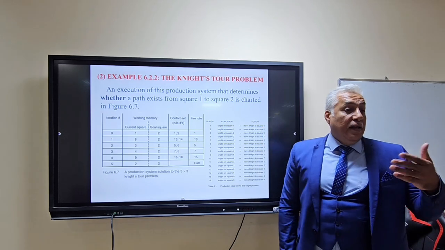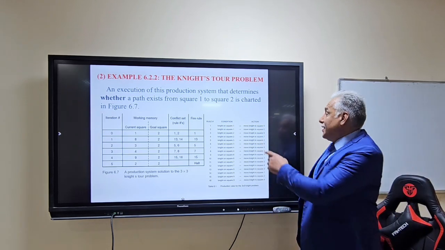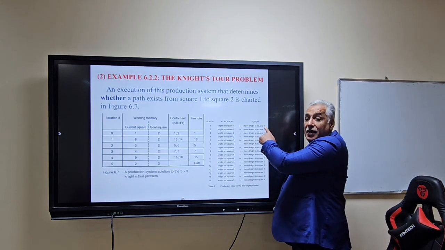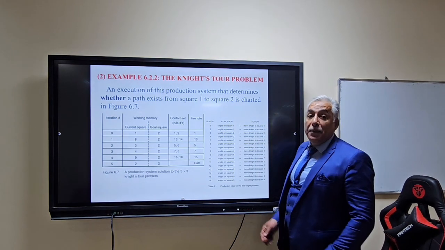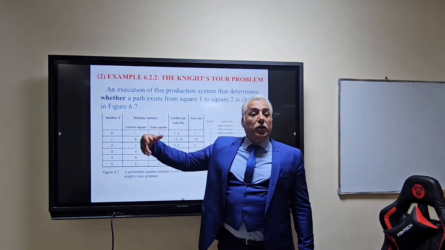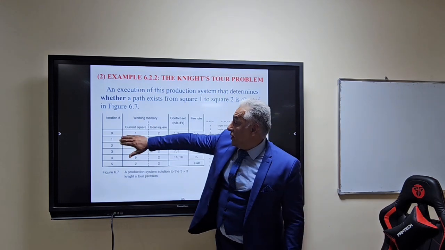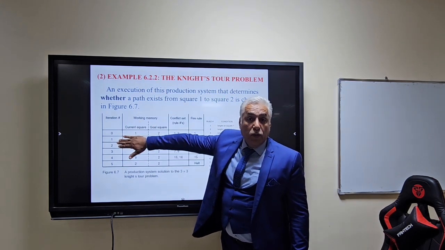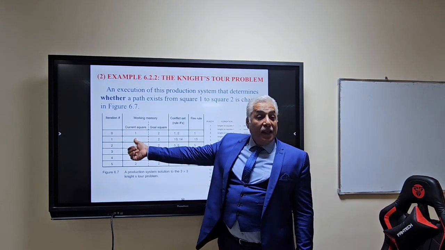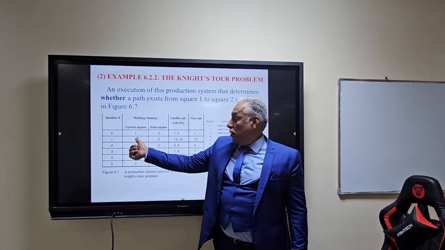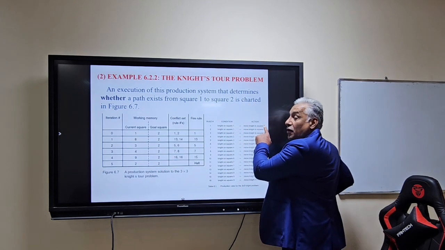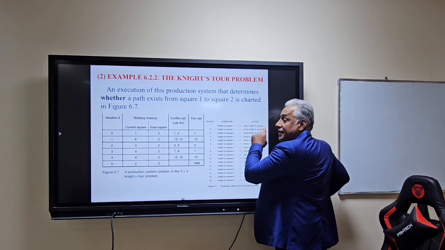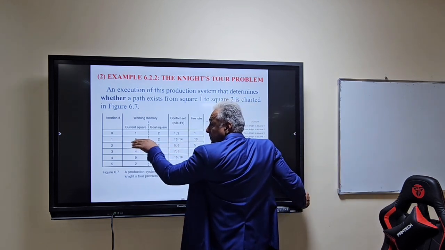Now the new location will be square 8. This location will update the working memory. The working memory, which was location 1, will be updated to 8, because the result of the rule is 8.